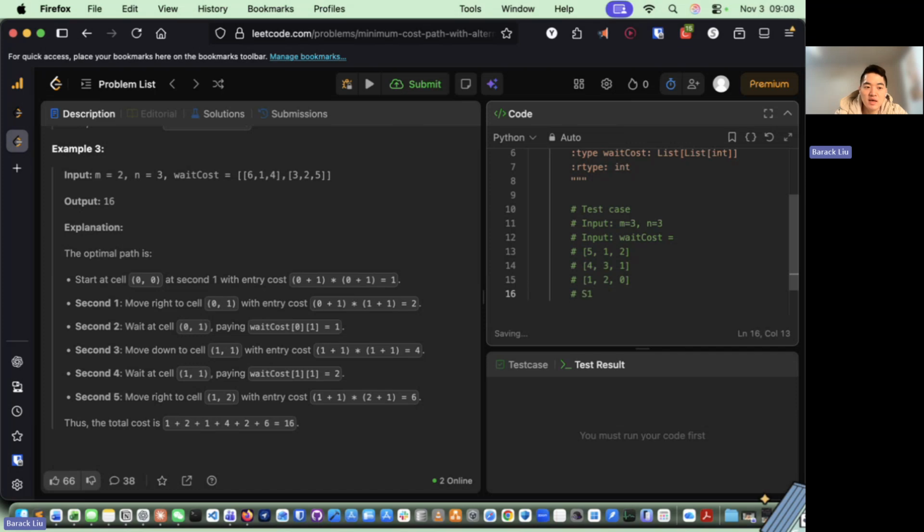Right, the first step, what do we need to do? We need to calculate the cost for each cell, right? So, calculate cost for each cell.